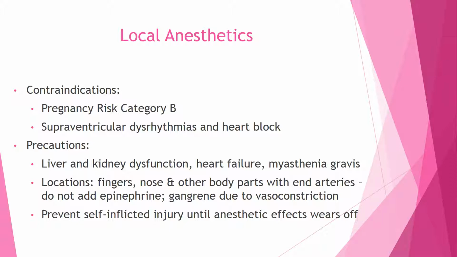They add epinephrine to prolonged procedures to help the anesthetics work more effectively over a longer period of time. Gangrene can occur due to vasoconstriction. Prevent self-inflicted injury until anesthetic effects wear off. So as long as you can't feel it, try not doing anything until you're able to feel wherever you have the paralysis going on.